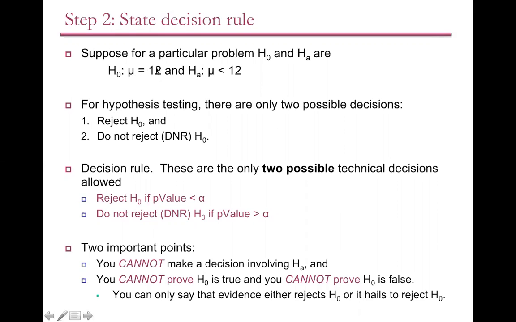HA is that you are guilty. My decisions really should be, I either reject H naught, thinking that there's lots of evidence to support HA, or there's not enough evidence to prove I'm guilty. But I can't prove it either way. I just come to a conclusion. Okay.